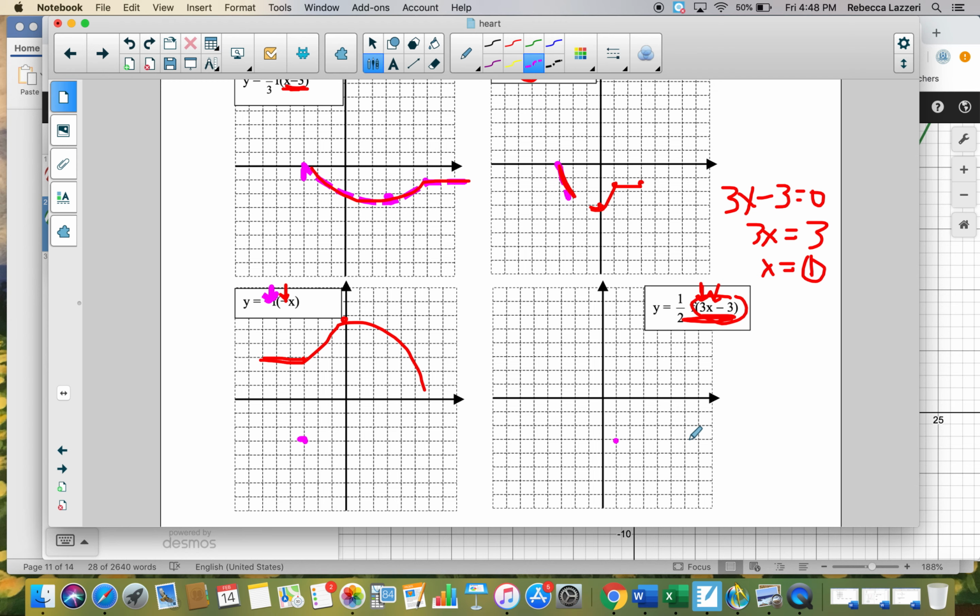The 6 that I had divided by 3 is 2. 0 divided by 3 is 0. And the -6 that was out here divided by 3 is -2. So far what that 3 does is it causes a horizontal shrink.